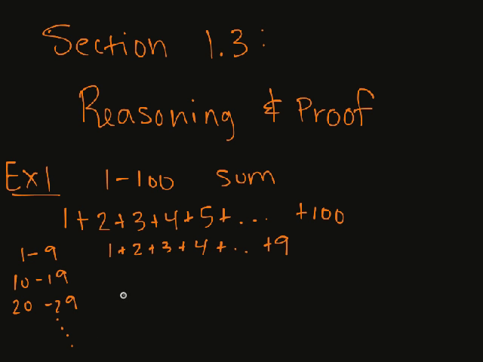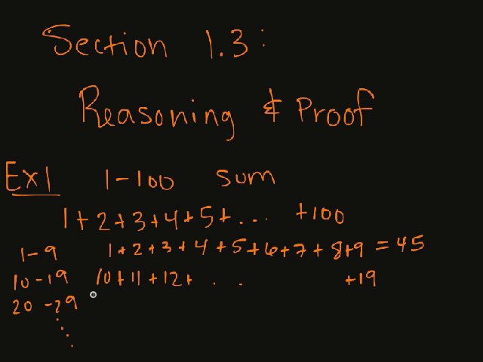And what do I get? If you add all those up, you get a total of 45. Now if I look at the next set, I see that by adding 10 plus 11 plus 12 all the way up to 19, what I'm really doing is adding 10 plus 1, 10 plus 2, etc., right?